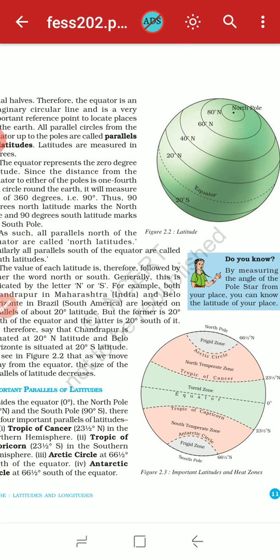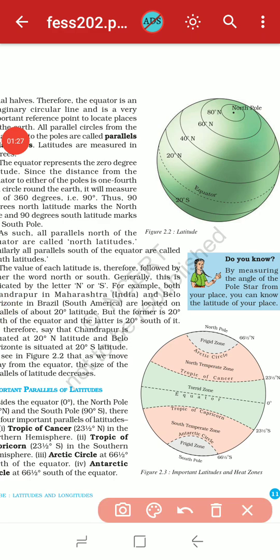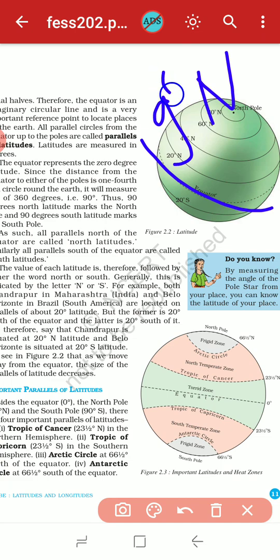From 4 we get 90 degrees, so 90 degree north latitude makes the North Pole, and below we get 90 degree south latitude.